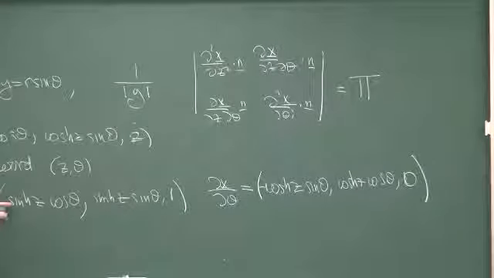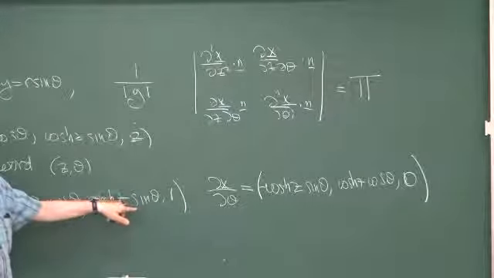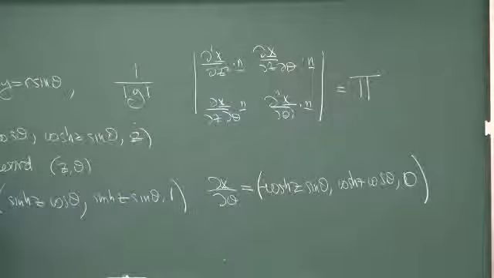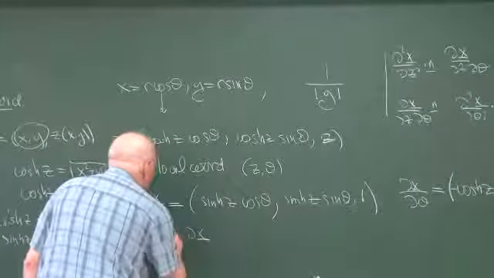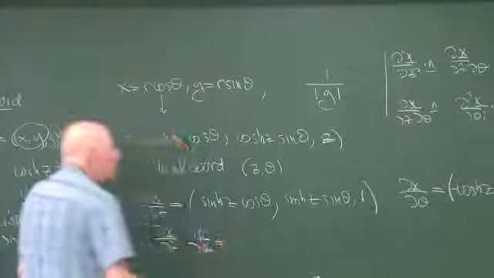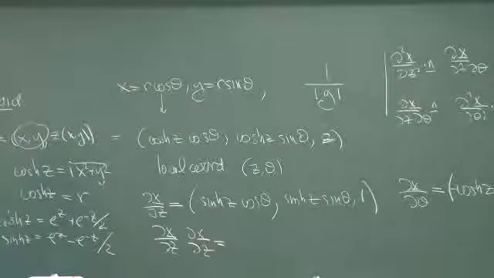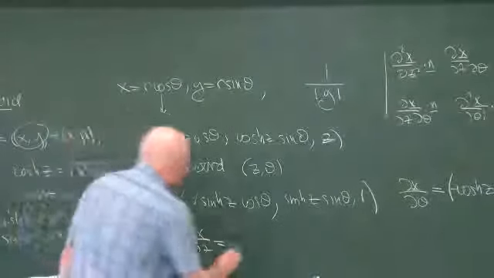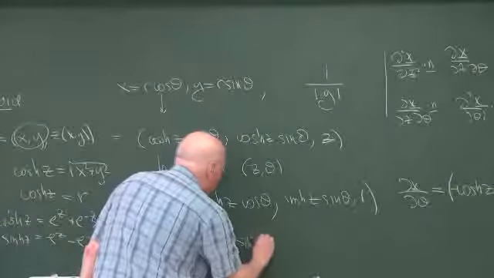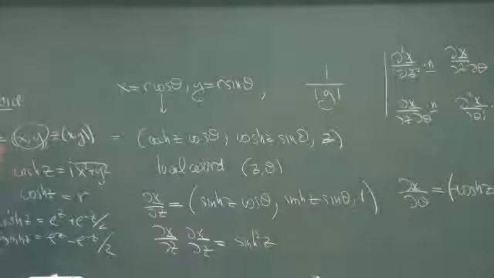The first entry is this one dotted with itself: hyperbolic sine squared cosine squared theta, plus hyperbolic sine squared sine squared theta, plus 1, which, because cosine squared theta plus sine squared theta equals 1, gives hyperbolic sine squared plus 1.